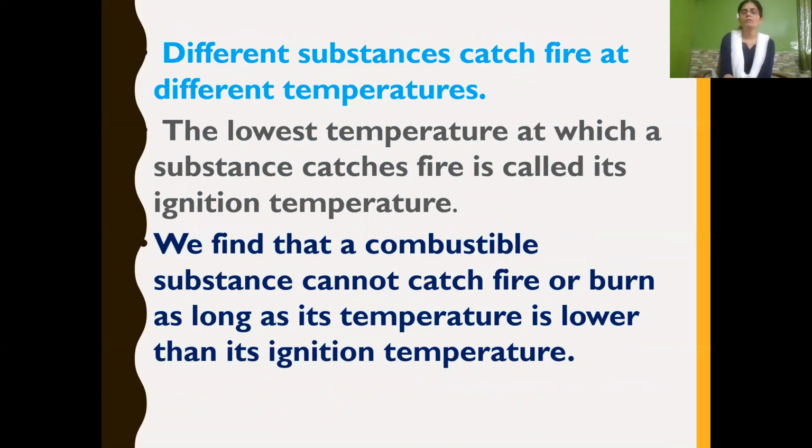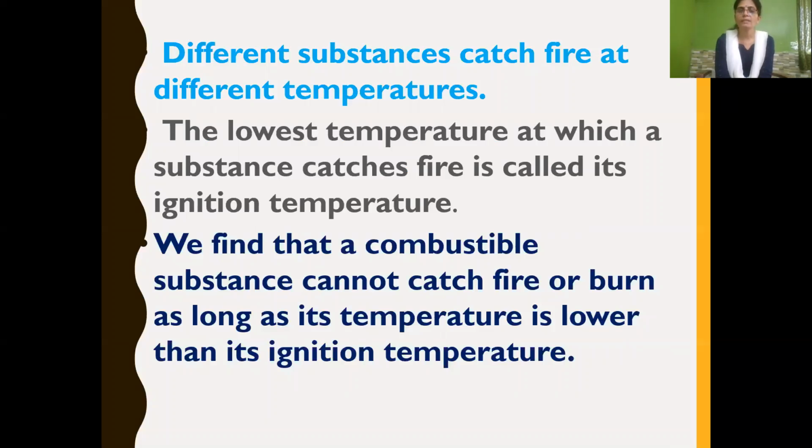Then we have learnt that different substances catch fire at different temperatures, isn't it? The lowest temperature at which a substance catches fire is called its ignition temperature. So what is ignition temperature? The lowest temperature at which a substance catches fire is called its ignition temperature.